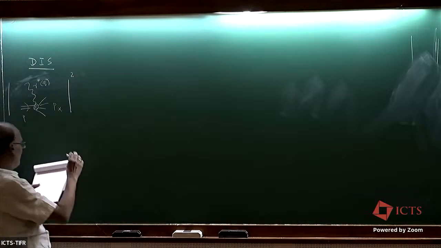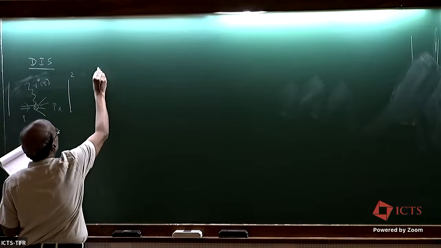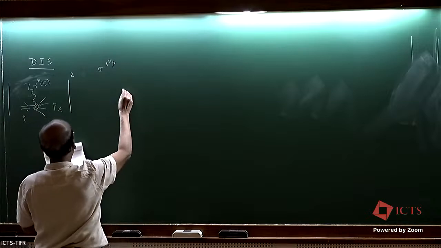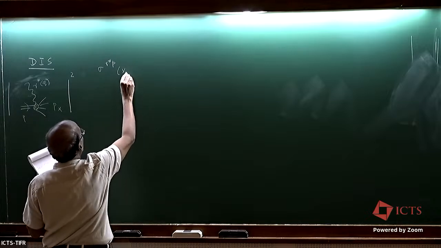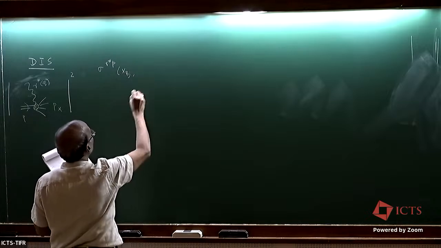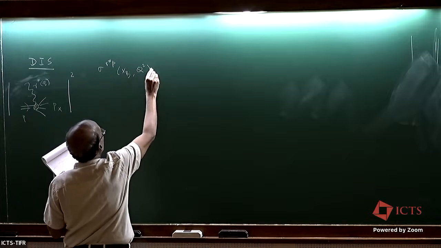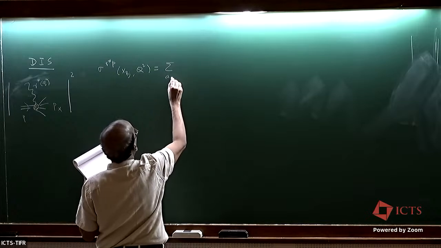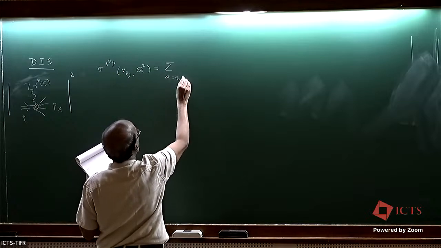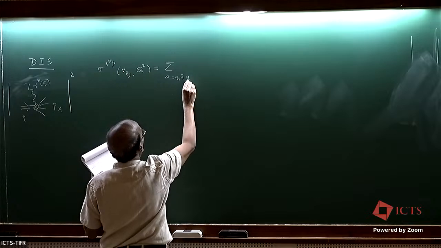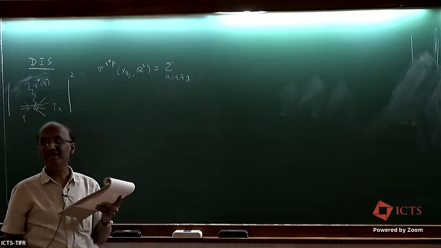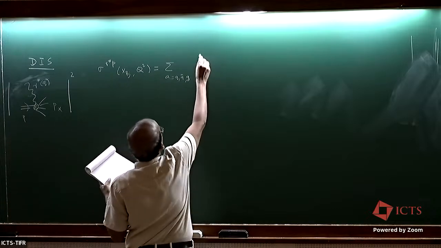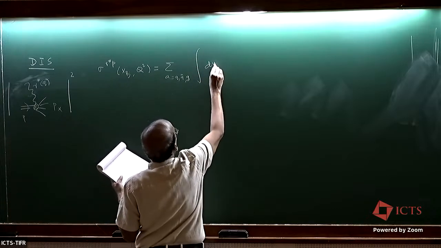So this cross section, sigma gamma star P, which is a function of Bjorken's variable x and the scale Q square, in the parton model looks something like this. A equal to quark, anti-quark, and gluon. Now I'm bringing this gluon into this picture.